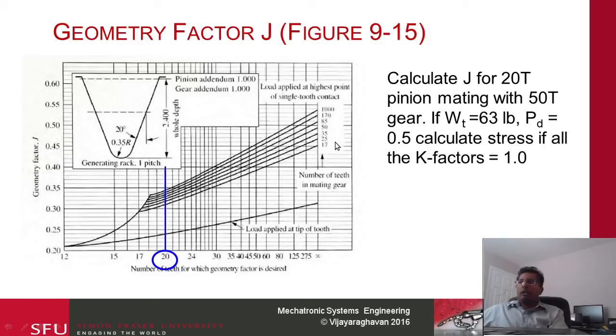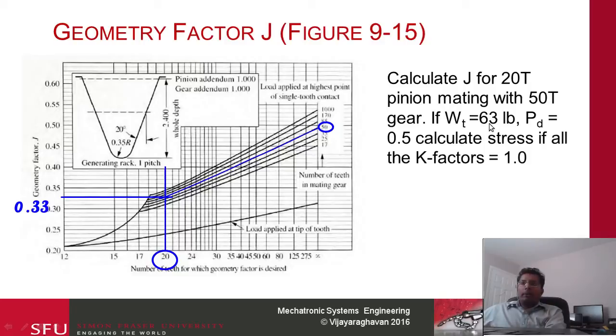Then we find 50 teeth on the mating gear over here, extend this line all the way across, and this is where we meet. This gives us the value for J, which comes out to be 0.33.